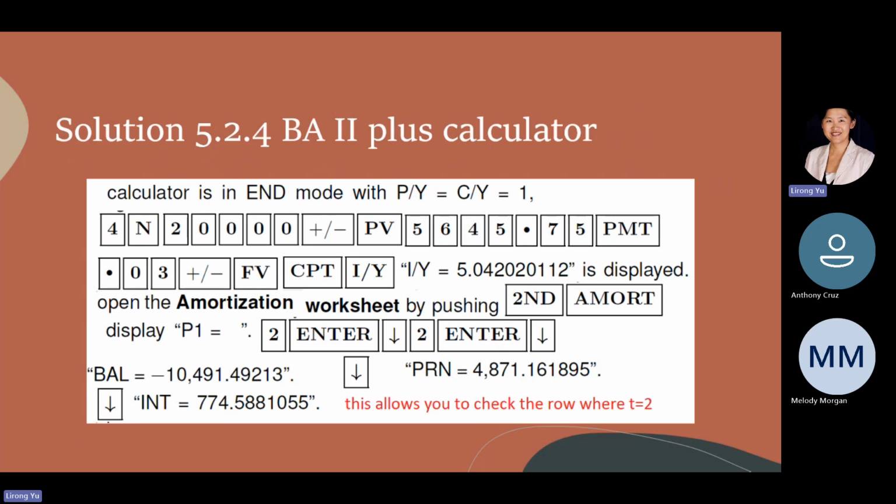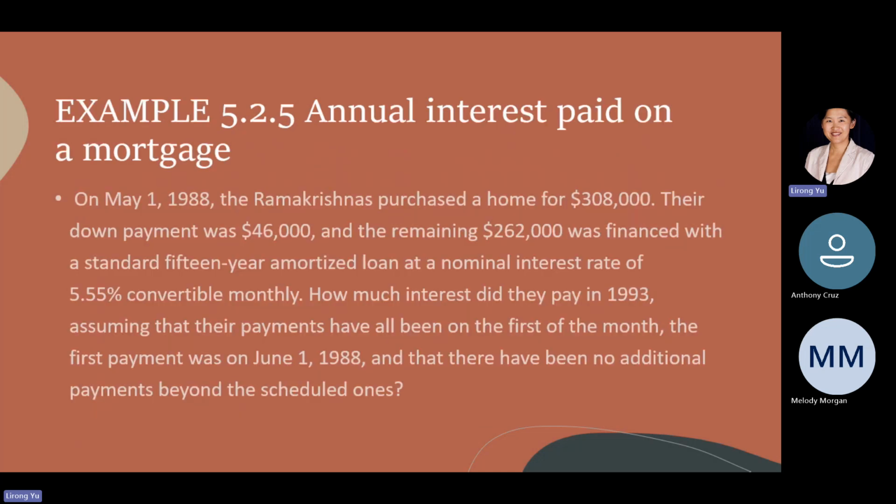The payment is equal to 5,645. And then you can calculate the I/Y, the interest per year. And then open the amortization worksheet. And then you can display whatever balance or principal or interest you wish to know. And that's how we use the calculator to do it.